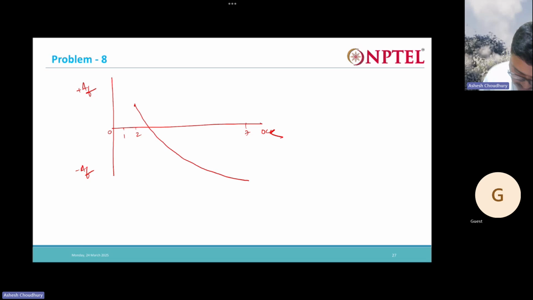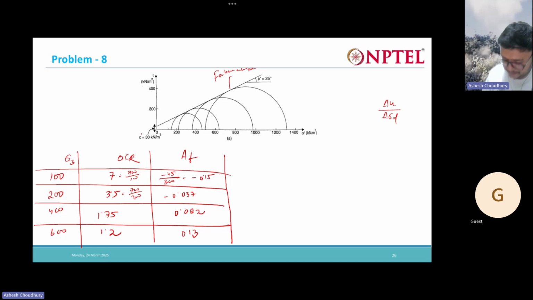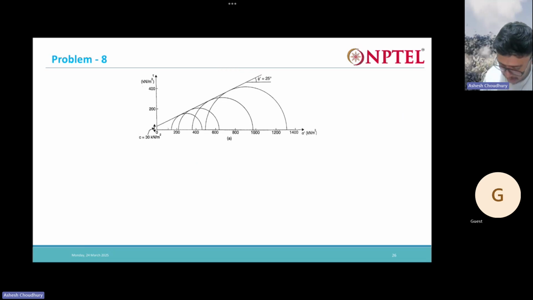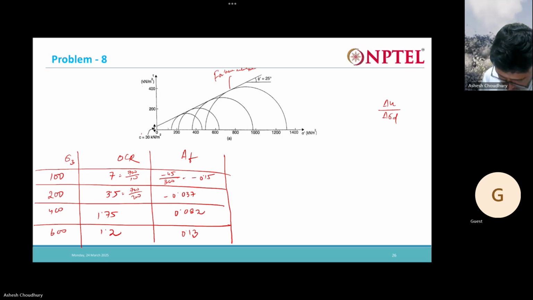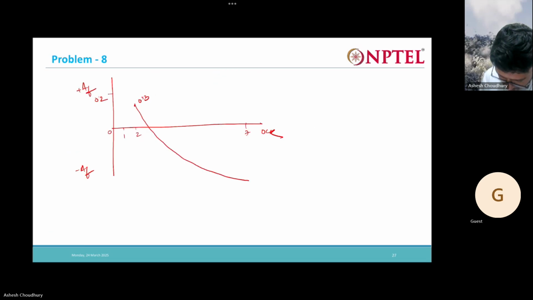This is 0.13, say 0.13. And this is 0.5. So this is 1.5. Understood, right? So the graph will be something like this.